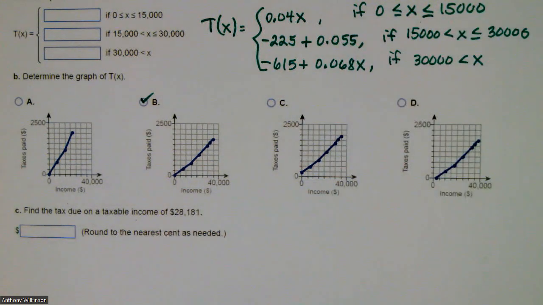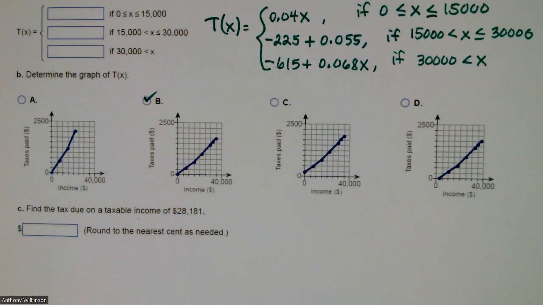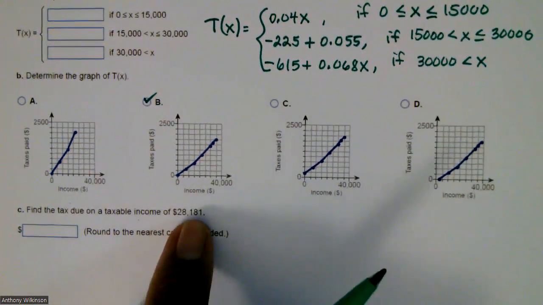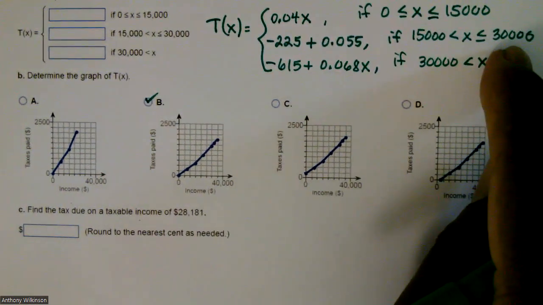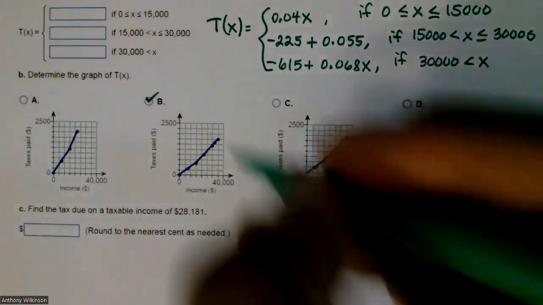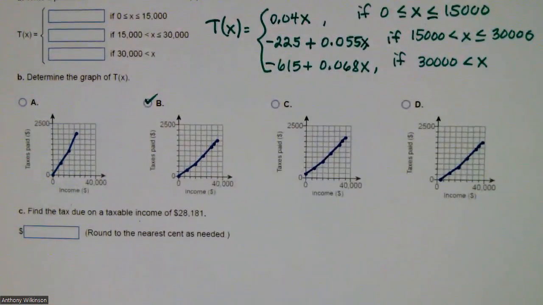So using that piecewise function, we have to find out which one of these we need to use for the taxable income based on this amount, $28,181. That falls between 15,000 and 30,000. So we need to use negative 225 plus 0.055x for our taxable income.